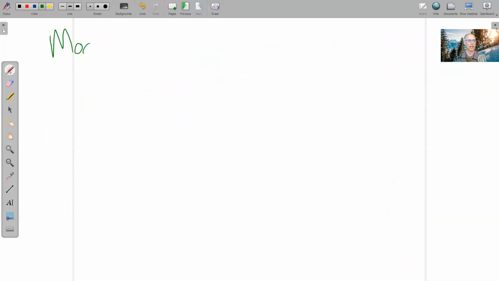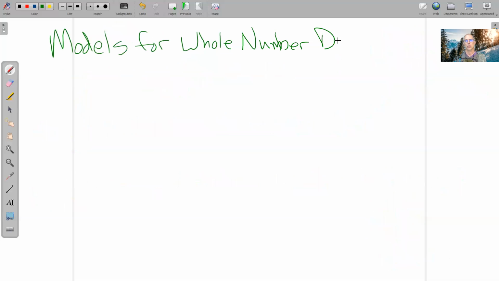And I'm going to give it a name. So again, we're looking at models for whole number division. And model number one, now I call it the groups in model.